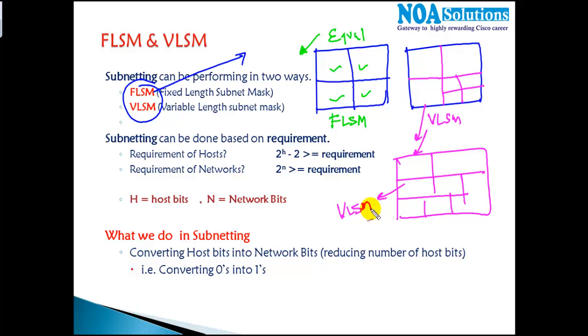Mostly in production networks, most of the designs use VLSM, but FLSM is the foundation. So when we start calculations, we'll focus initially on FLSM, and once we have good foundations in FLSM, we'll move on to VLSM.